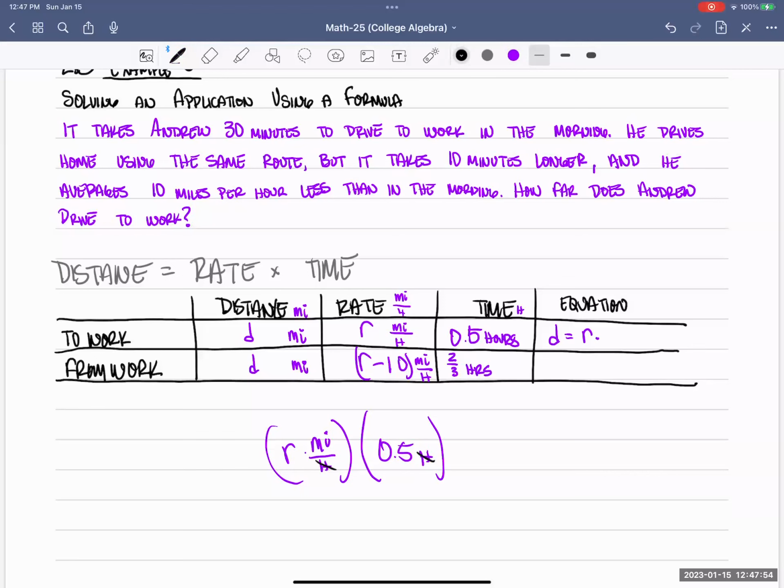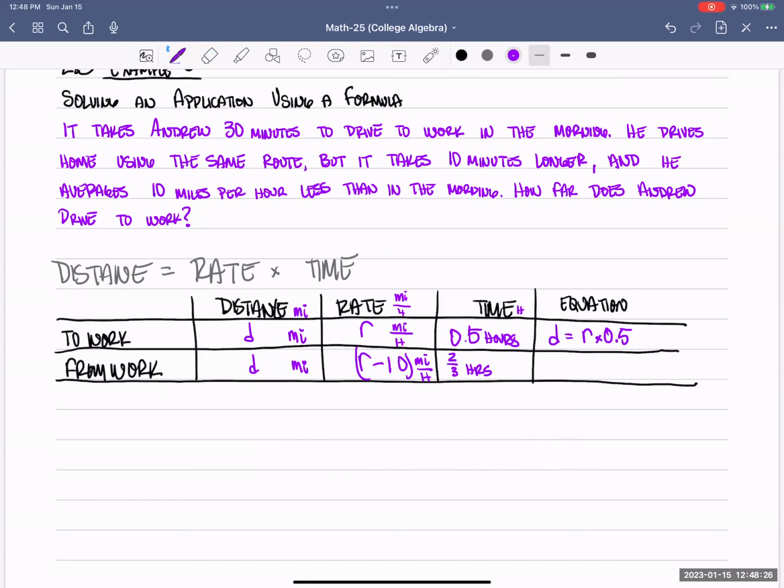The hours divide out, and we're left with 0.5. We're left with 0.5 miles, or our rate times 0.5 miles, which makes sense because distance is already in miles. So we could just leave our equation as rate times 0.5.